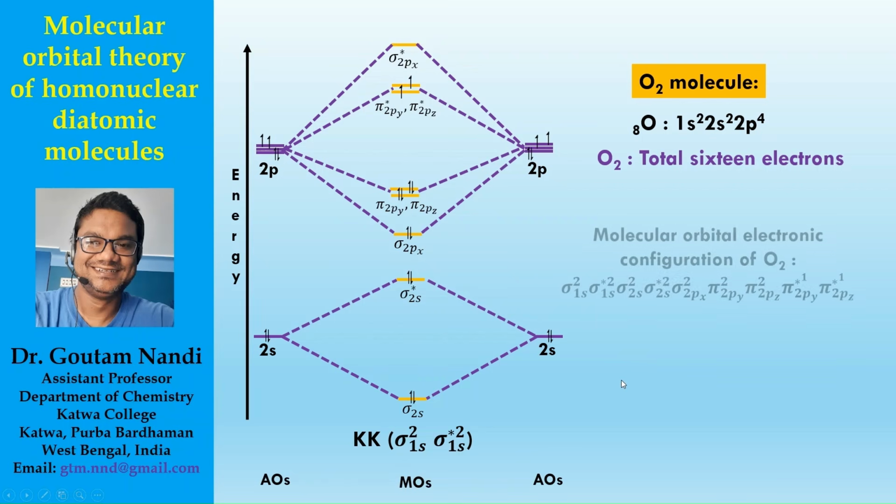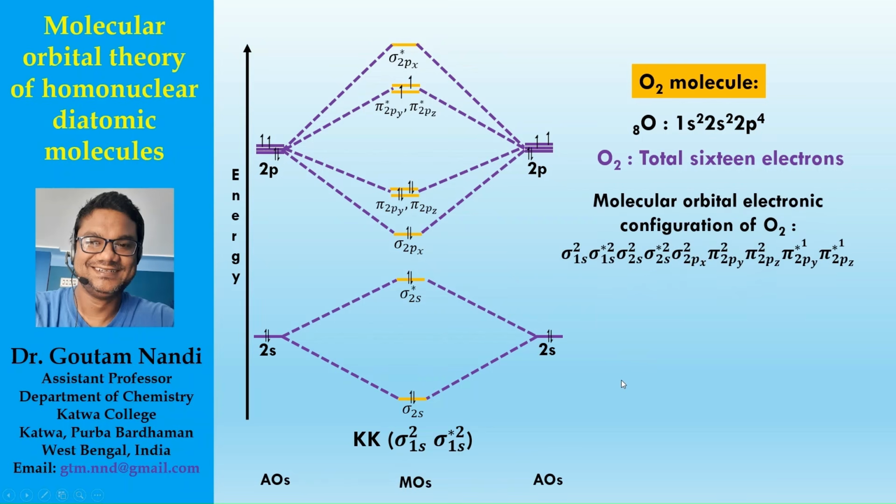Okay, so the electronic configuration will be sigma 1s2, sigma star 1s2, sigma 2s2, sigma star 2s2, sigma 2px2, pi 2py2, pi 2pz2, pi star 2py1, pi star 2pz1. Okay, so the bond order will be 10 minus 6 divided by 2, and that will be 2.